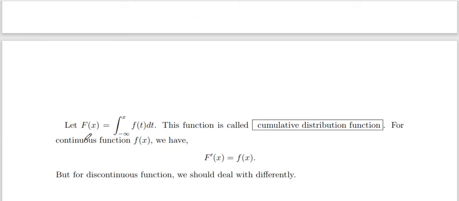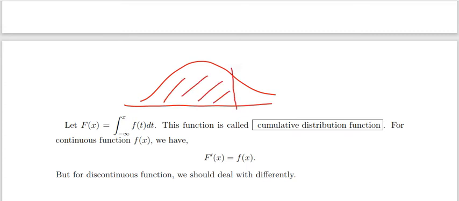We call this function the cumulative distribution function. Suppose we have this density function. The probability for this part, we say, is a cumulative part.